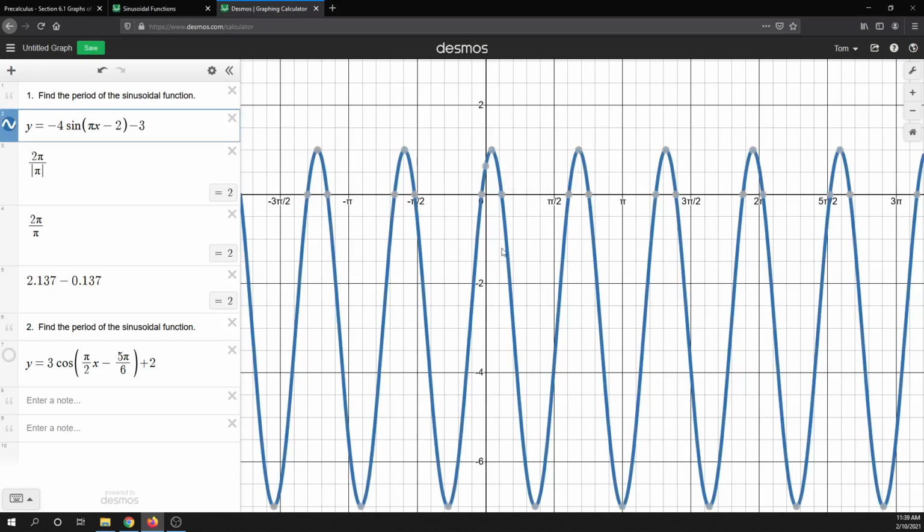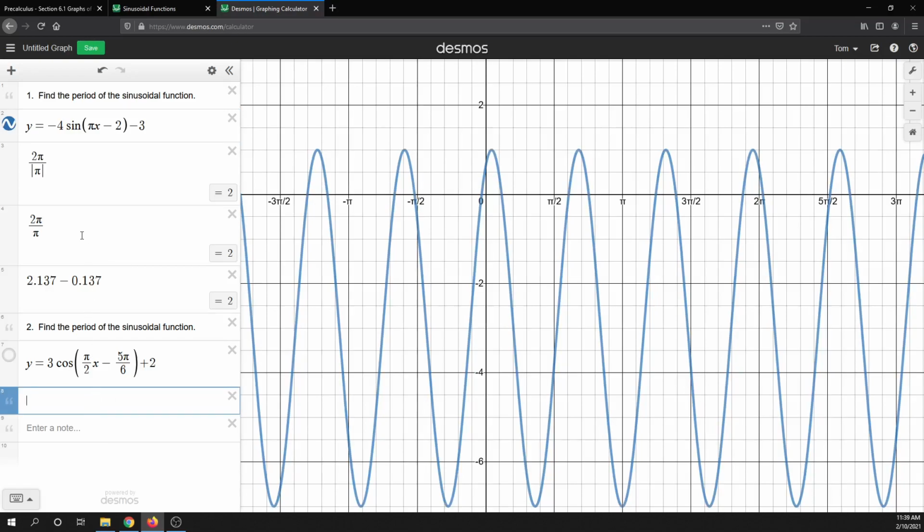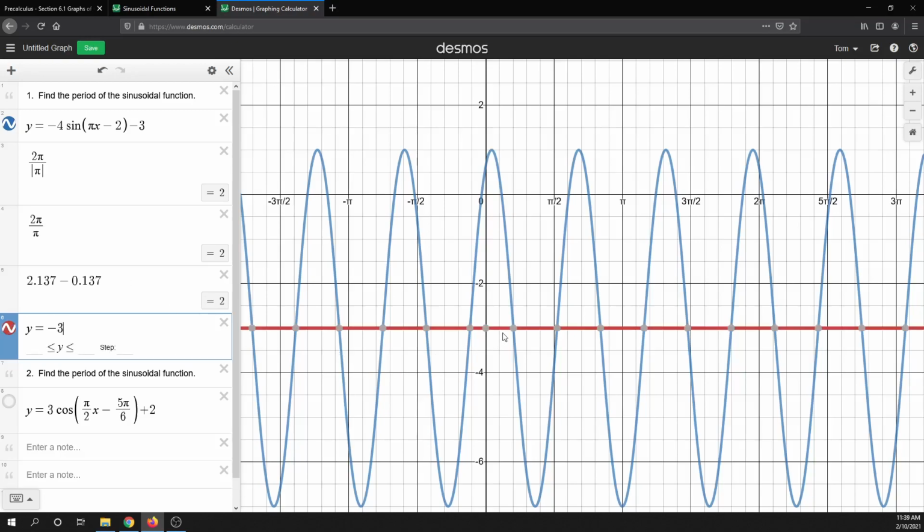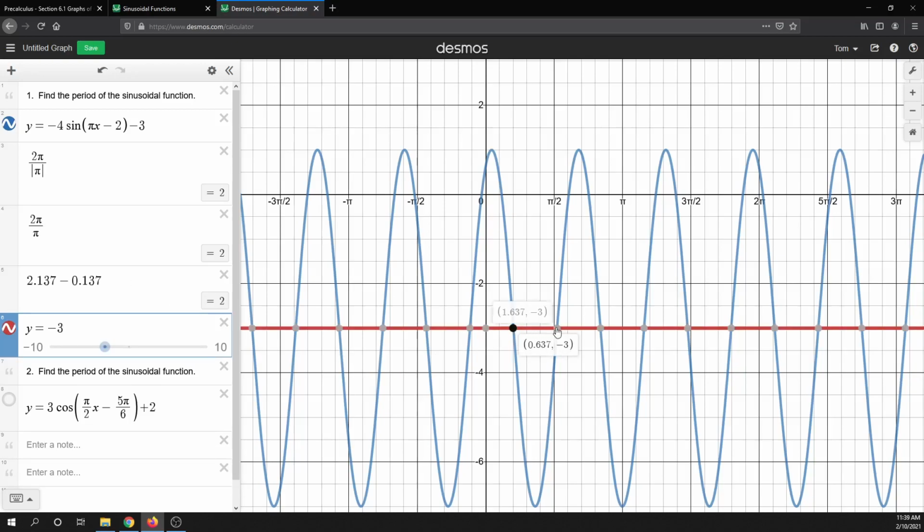So if we looked at the midline, the midline of this would be at -3. You could still do it that way as well if you wanted to.